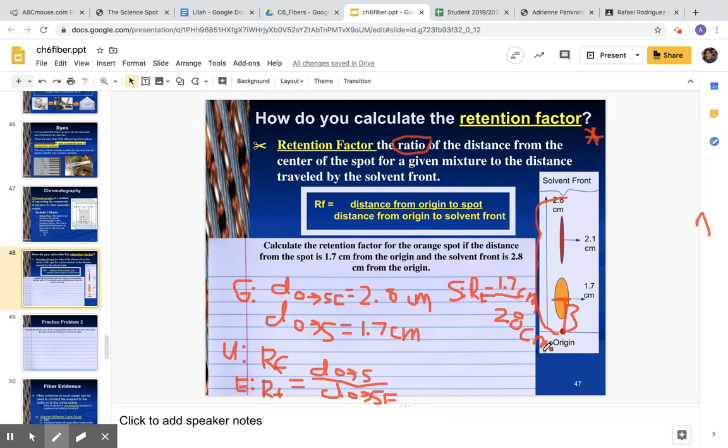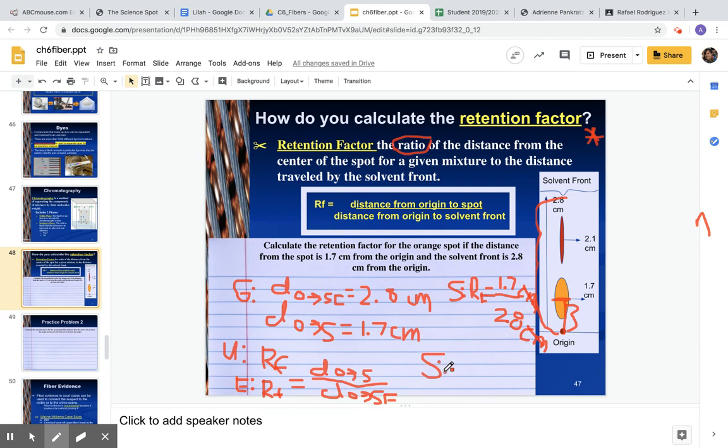And so right about now, as you're setting this up, you should have noticed that the centimeters are going to cancel. So this is going to be another one of our variables that do not have any type of unit.